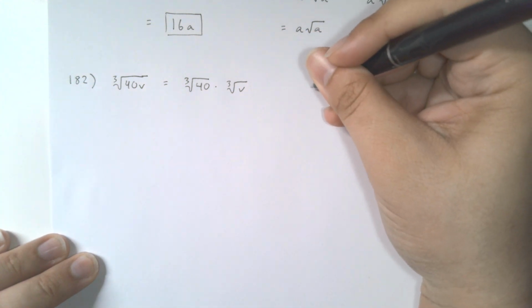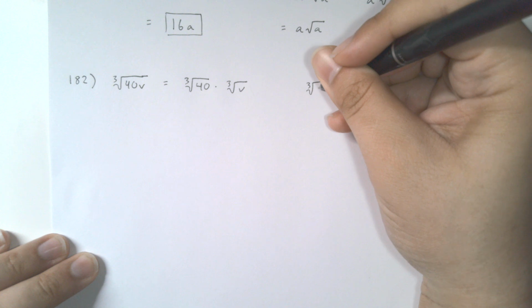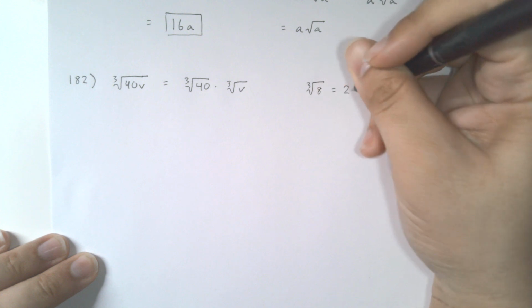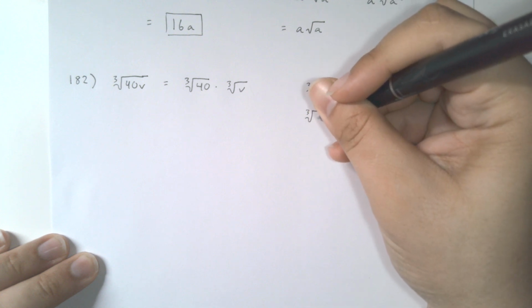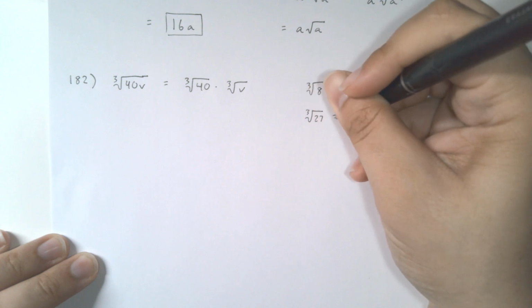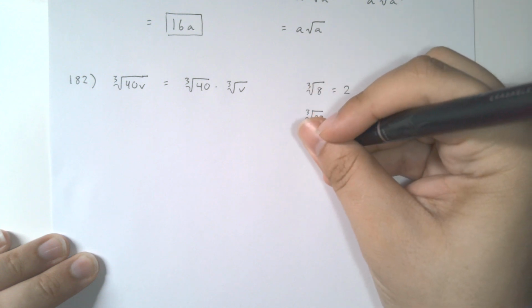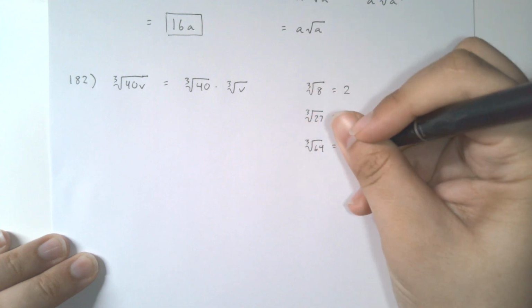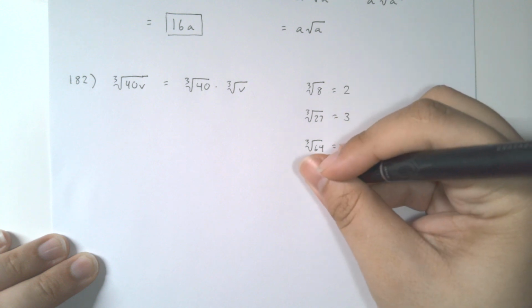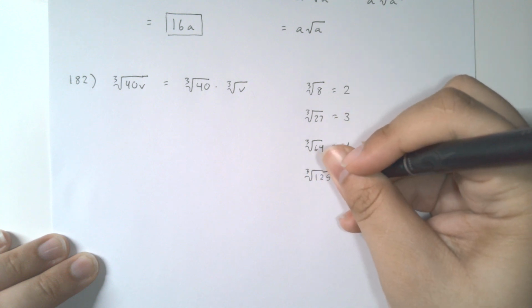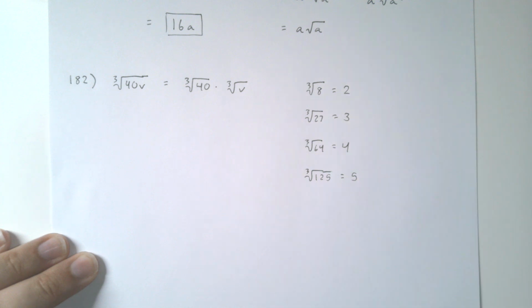So remember, perfect cubes: the cube root of 8 is equal to 2, the cube root of 27 is equal to 3, the cube root of 64 is equal to 4, the cube root of 125 is equal to 5. Clearly, perfect cubes are a lot larger than perfect squares.